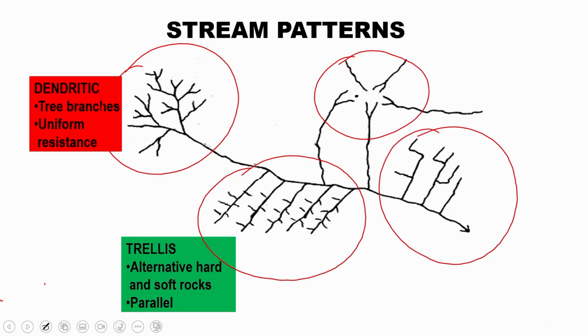And then we take the next one, the trellis pattern. Other learners prefer to put an ed at the end, thereby calling it trellised. There's nothing wrong with that. It's all acceptable in the exam. What do you see in the trellis pattern?